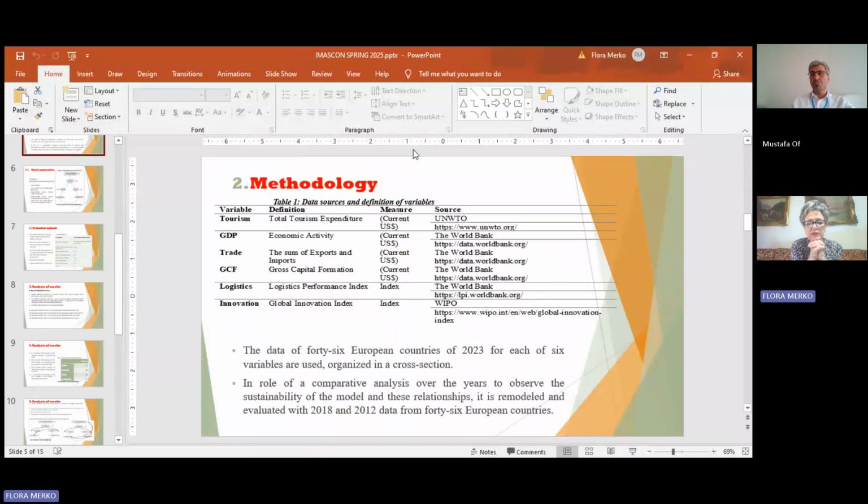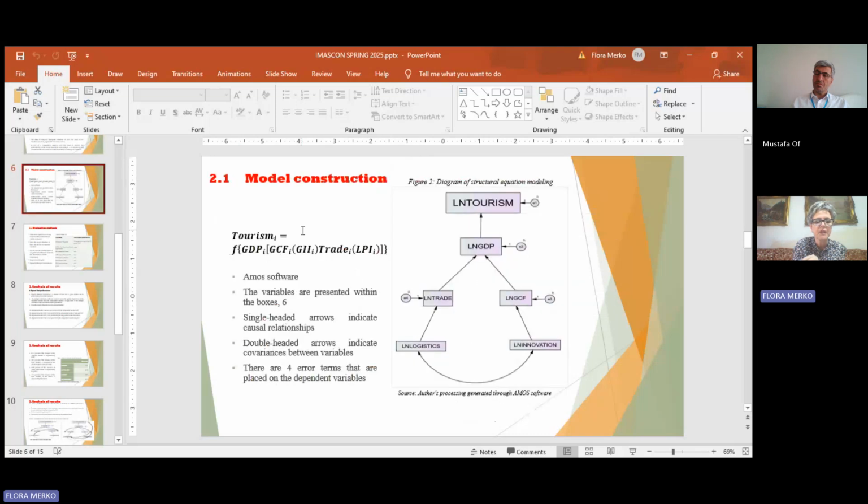Also, to compare the data of 2023 with the years before, we made the same calculation for 2012 and 2018, and as we see later, the results are the same for the relationship between these variables in 2012, 2018, and 2023.